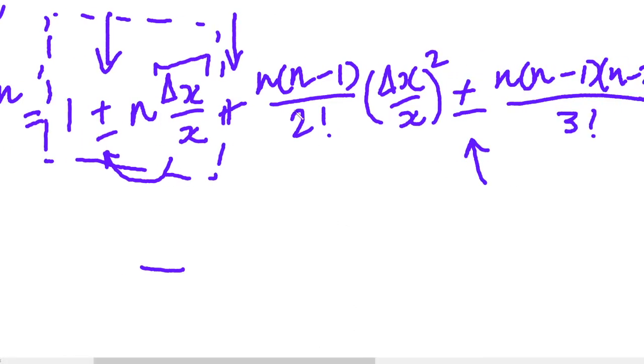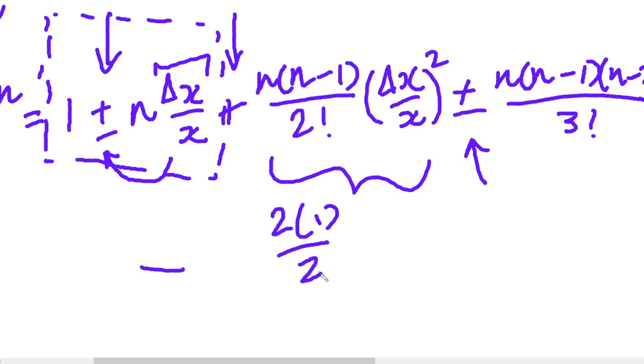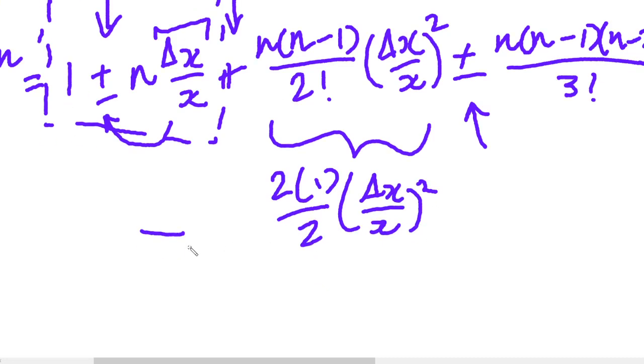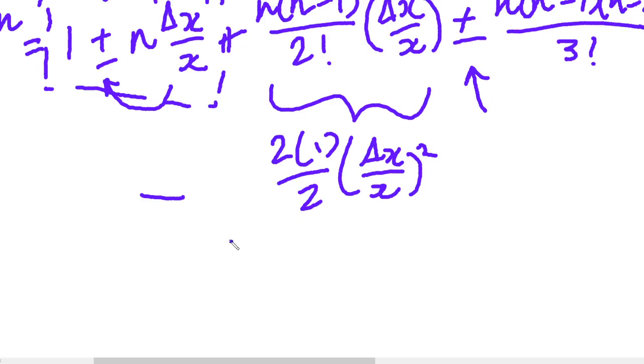Because if n is the power of 2, and you've got this term here, which is n times n minus 1 divided by 2 factorial, so it's like 2 times 1 over 2 times delta x over x squared. Usually, delta x over x in any decent experiment will probably be something like 0.05 or less.